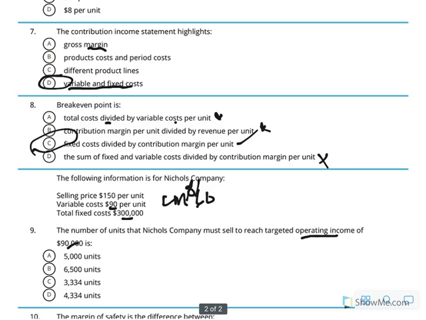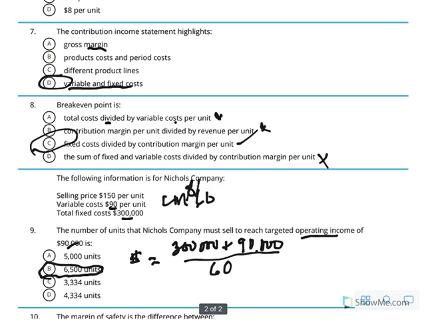So therefore, number of units is equal to the fixed costs. Got to cover the fixed, plus give me 90,000. And I do that with a contribution margin per unit of 60. And therefore, my answer, when I work that out, is 6,500 units.